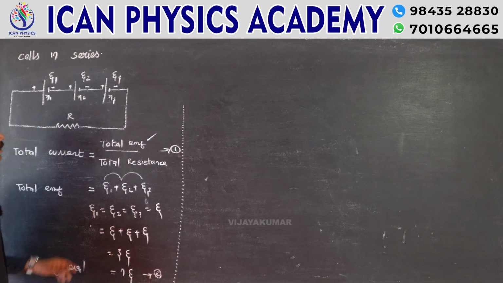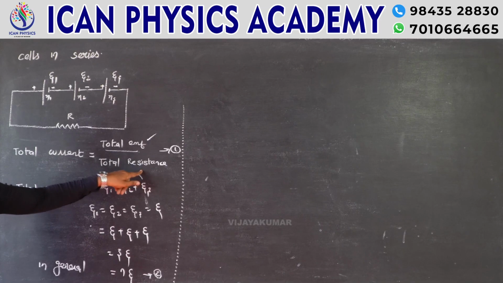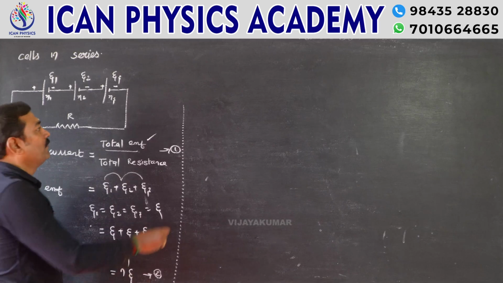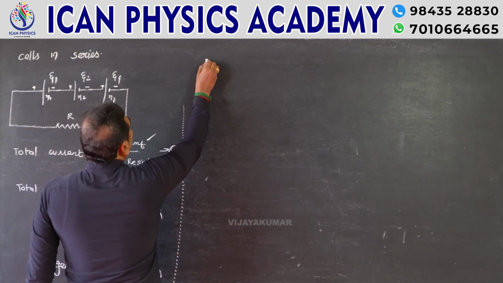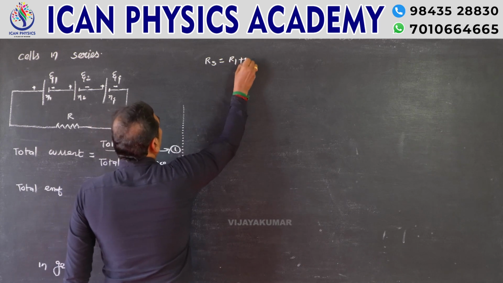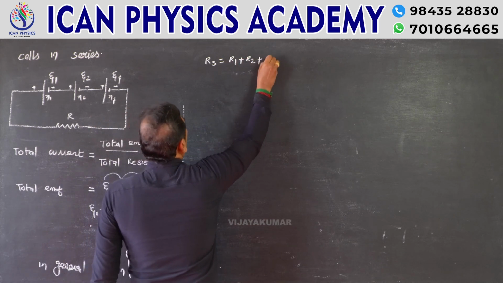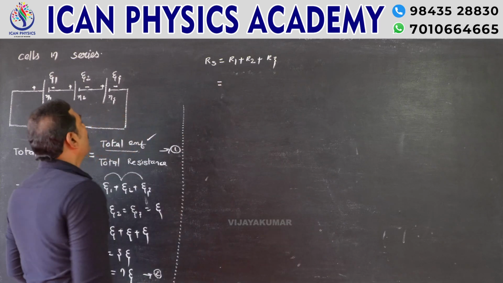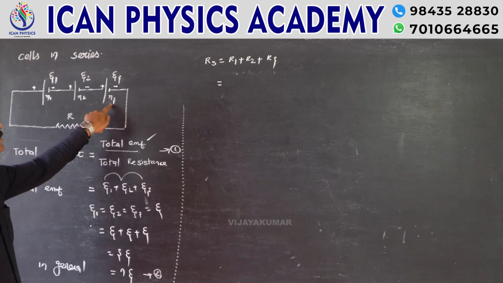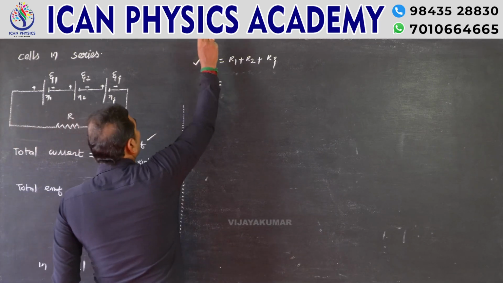Okay. Now, total resistance. First, we have to calculate the resistance in series of the cells. Okay. So, the resistance in series is equal to r1 plus r2 plus r3. Okay. Now, the internal resistances of the cells are small r1, small r2, small r3. So, this is the general formula.